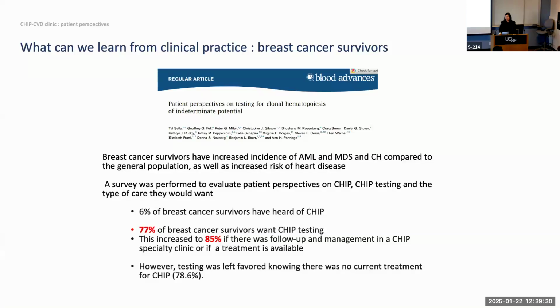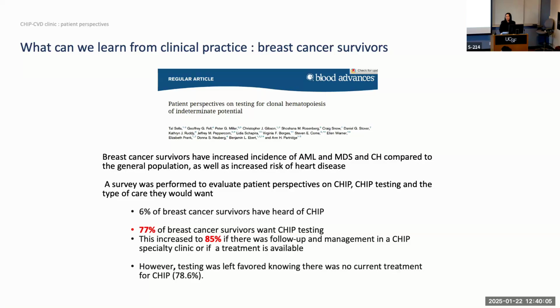The treatments for breast cancer have become so powerful and effective that these women are not dying of breast cancer, but in fact dying later on of either secondary cancers such as AML and MDS, for which they have an increased risk, and also cardiovascular disease. Interestingly, these women also have an increased risk of developing CH mutations. They're slightly different from the common mutations that we see related to cardiovascular disease, but still CH mutations, and they tend to be more related to P53 and PPM1D.